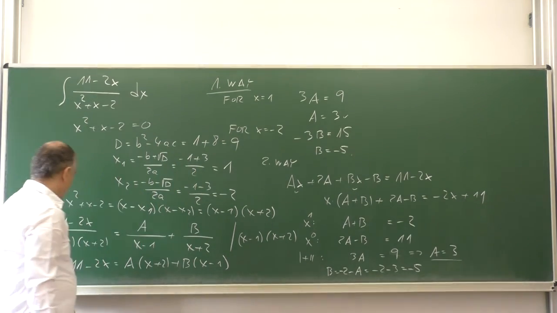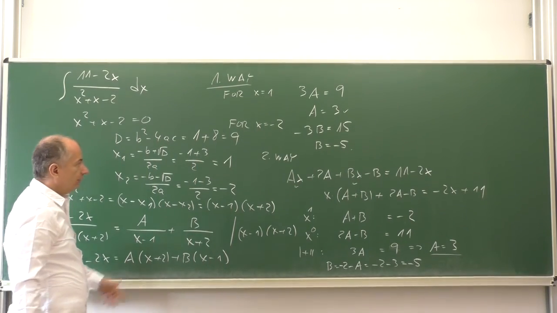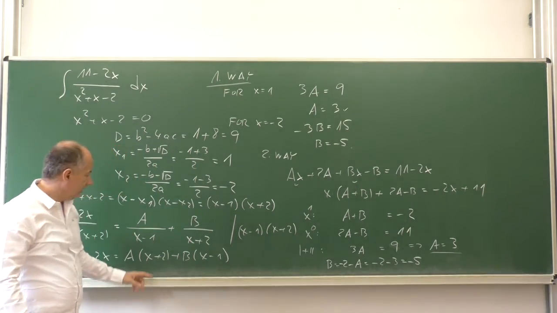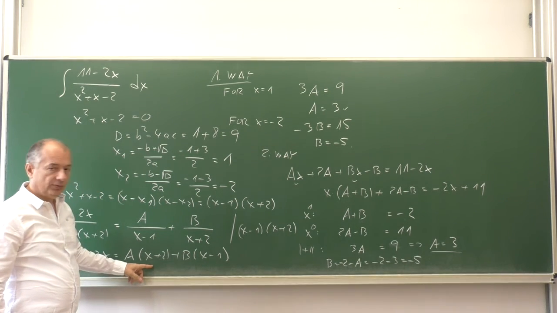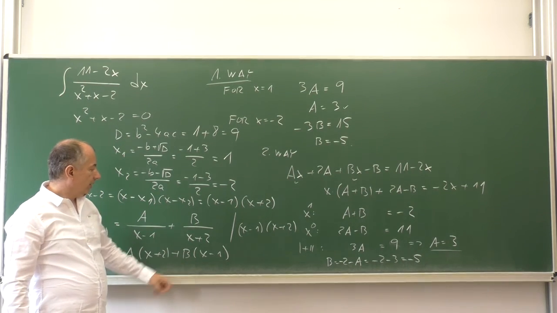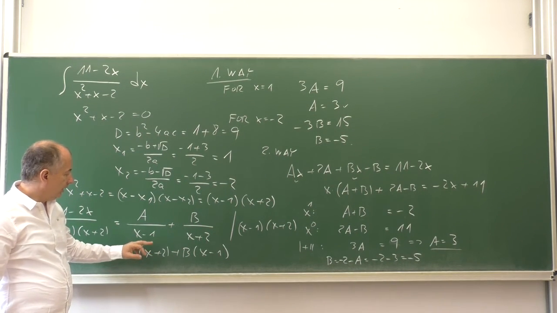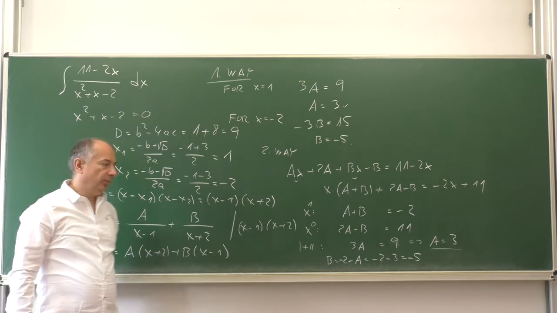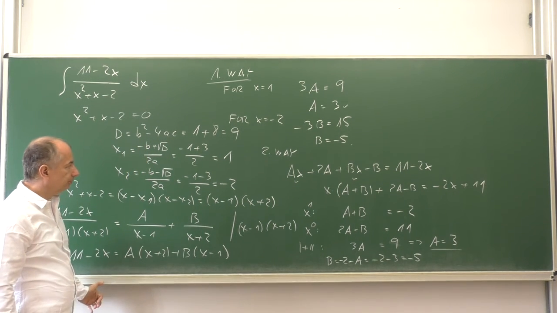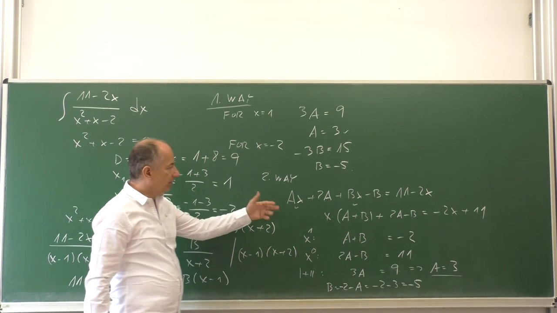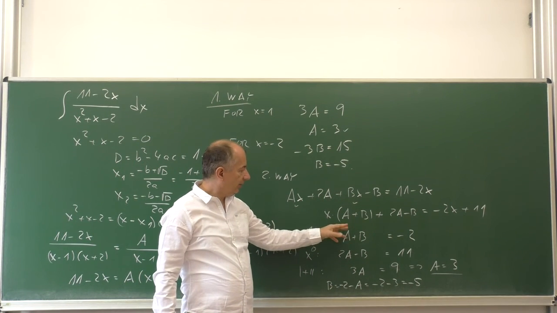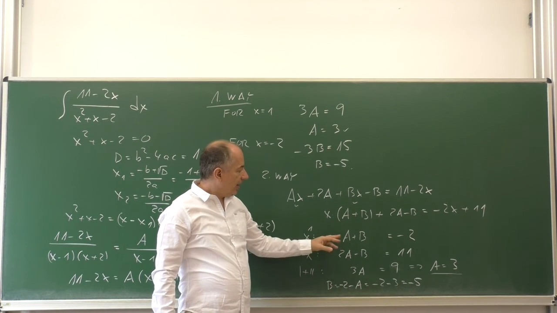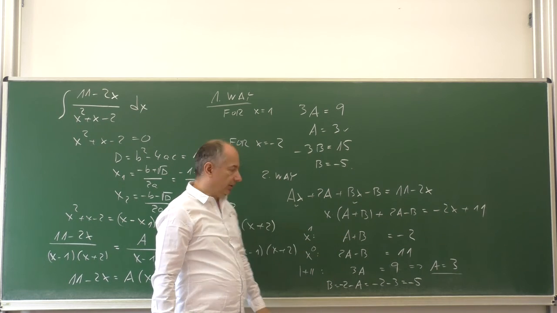So once again, if we want to find the coefficients, we have two possible approaches. Either we choose some special values for x, so that these brackets all disappear, or we can expand the multiplication and compare the coefficients of x and solve the system of equations.